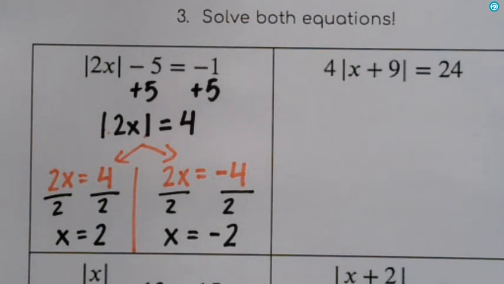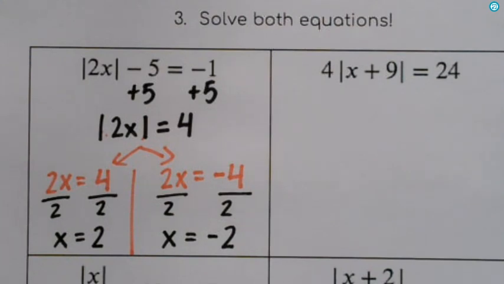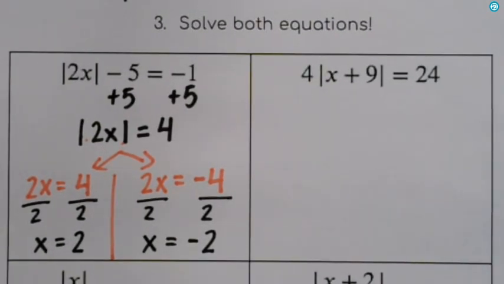All right. Any questions right now? Okay. So isolate the absolute value, split into two equations, equal to positive 4 and negative 4, solve them both. You are going to have two answers for every problem today. You need to get both of them in order to be done.